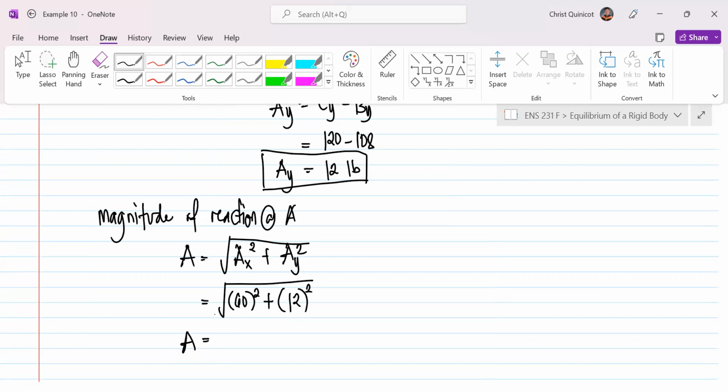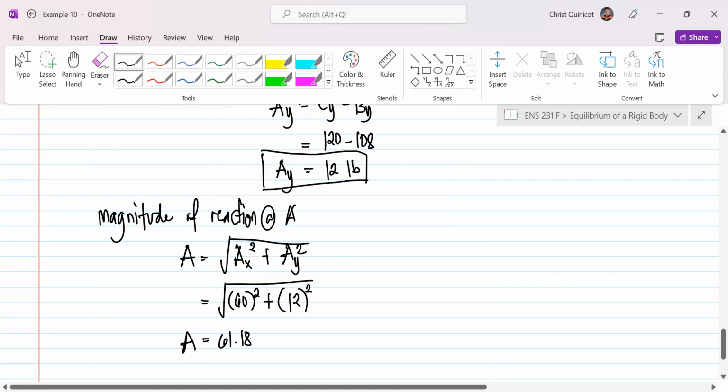Let's take the square root, that is 61.188233416 pounds.